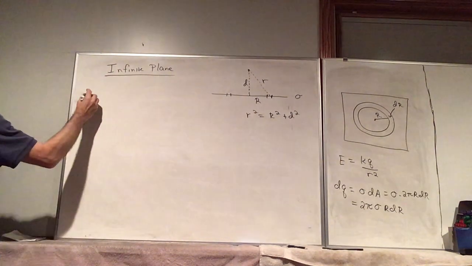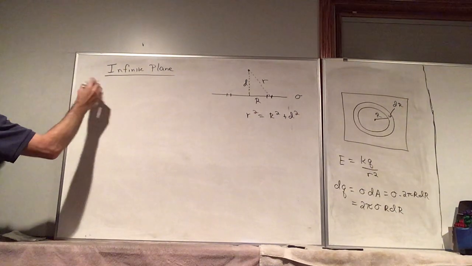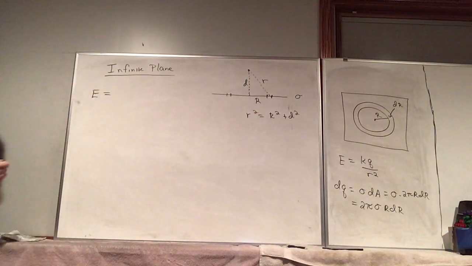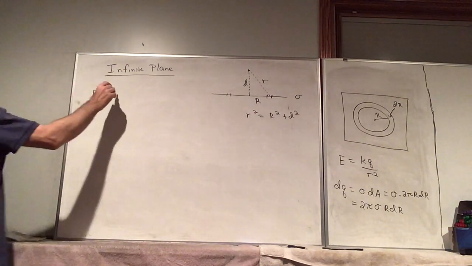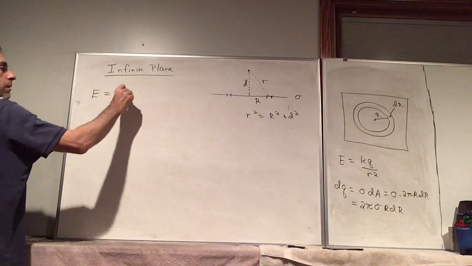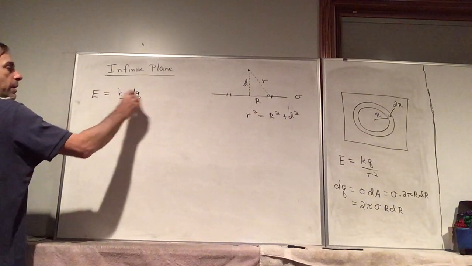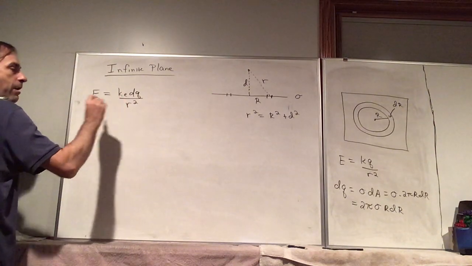So let's look at the magnitude of E. That is Ke dq over r squared.